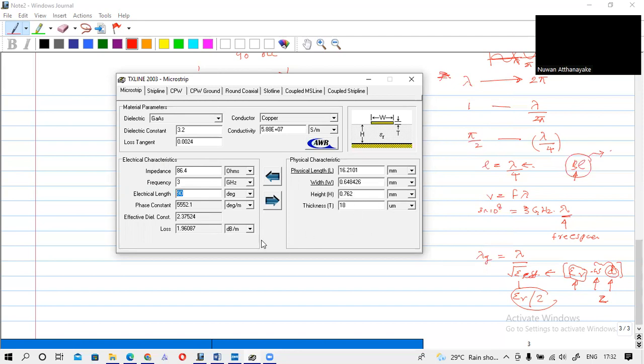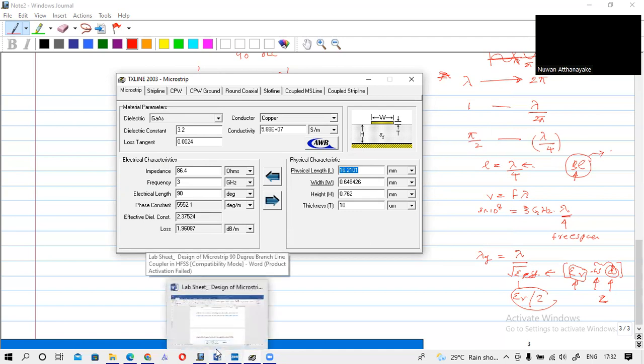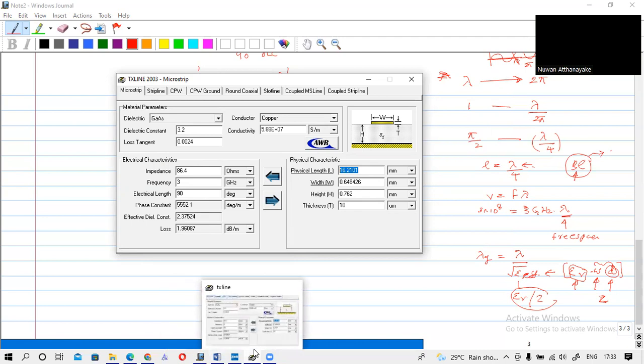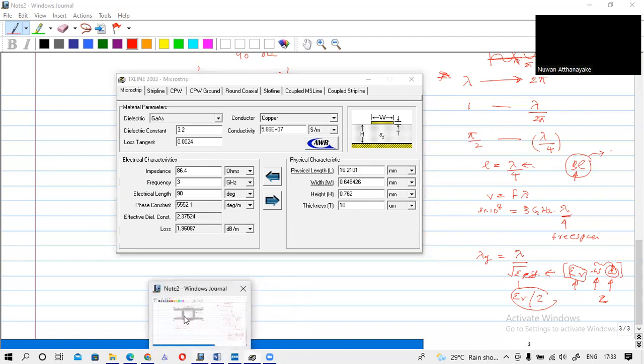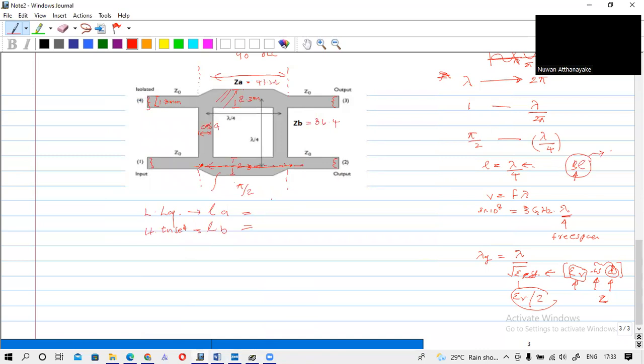Okay, so if I calculate, I will get 16.2. That is the length for our high impedance section. So we have calculated this length.